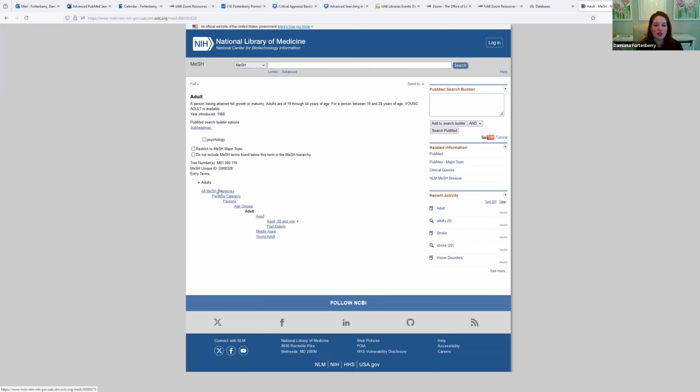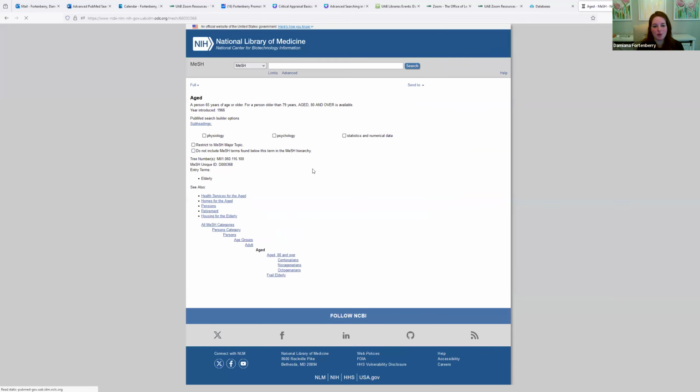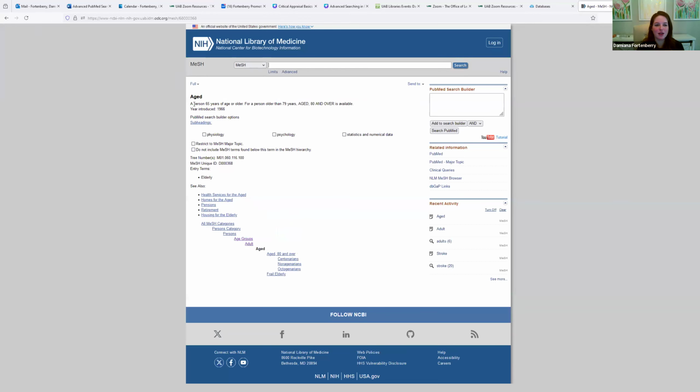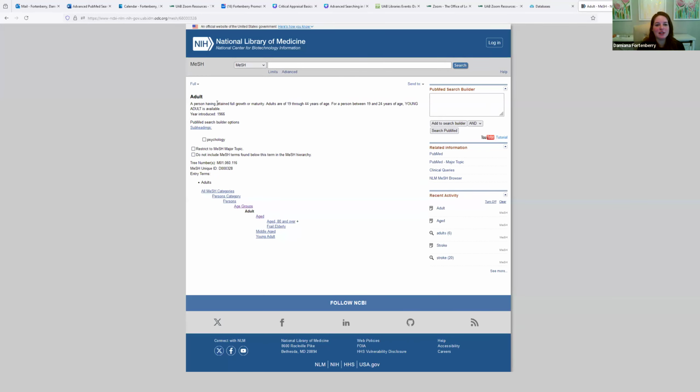So maybe we look at this MeSH term tree, and this is where adults is placed under age groups, which makes perfect sense. But I wonder if this aged one is more appropriate. A person 65 years of age or older, not quite. But maybe I don't need this particular MeSH term if it doesn't apply at all.